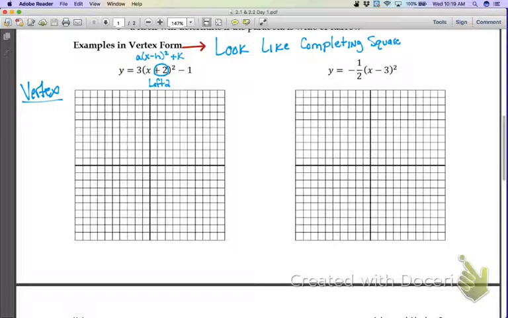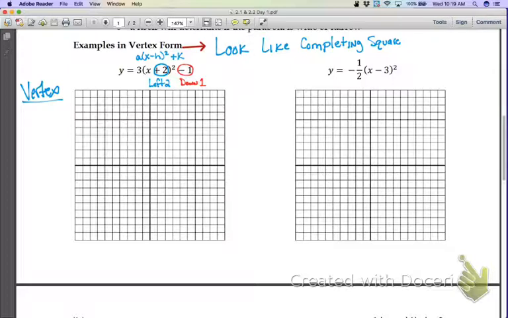Then what about the minus 1 on the outside? What's that going to do? How's that going to move our graph? It's going to go down 1. So if I have left 2, down 1, I'm always going to leave from the origin.